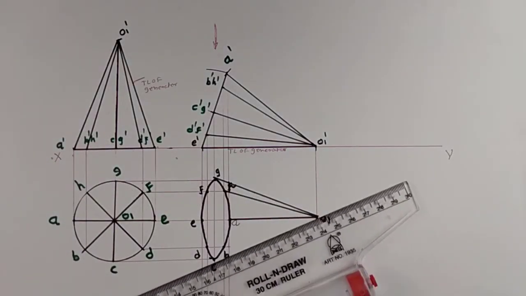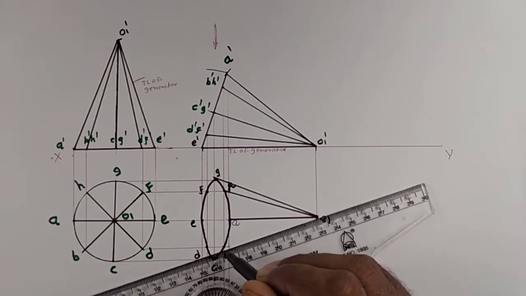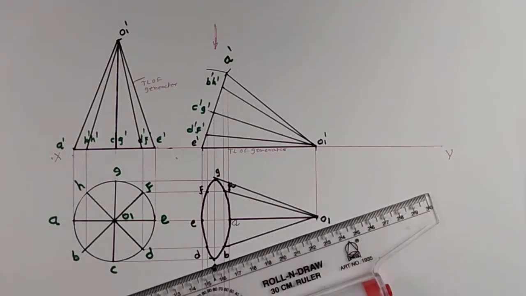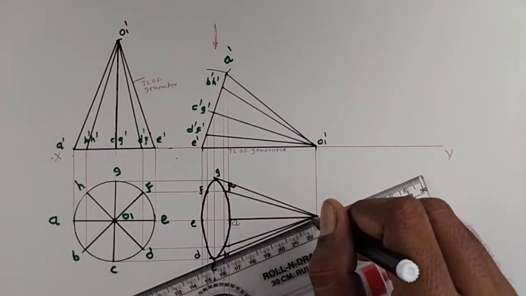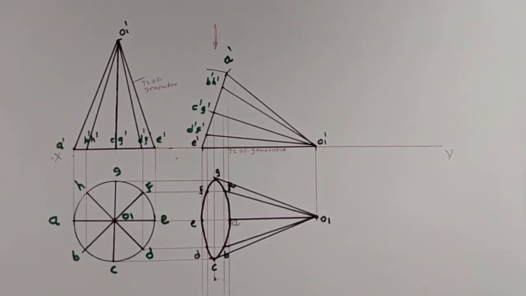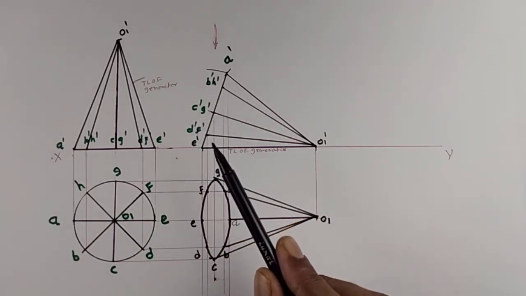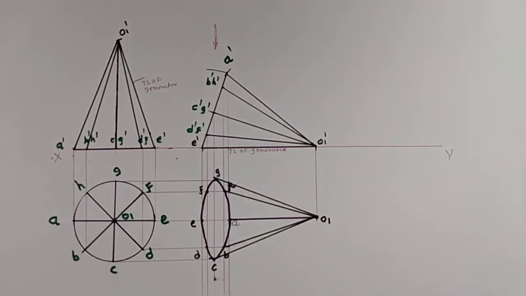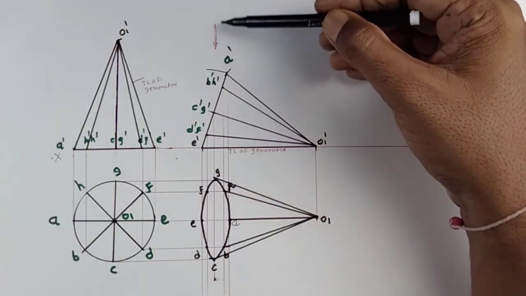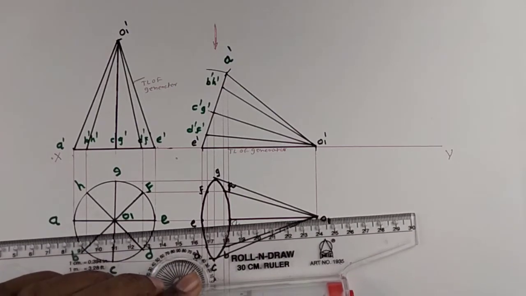Similarly, BO1 and CO1 are visible. But this circumference from C, D, E and F are not visible from top view. The generators are not visible from top view, so it can show as a dotted line.